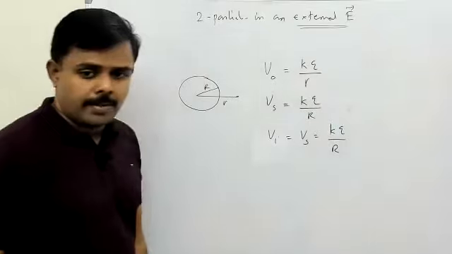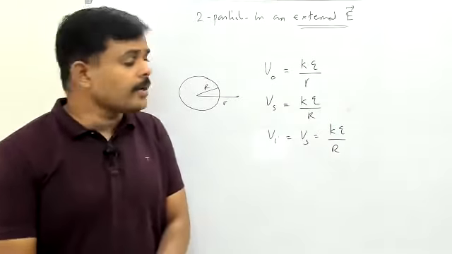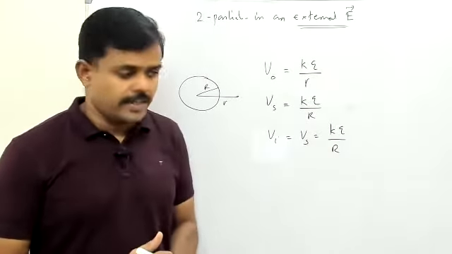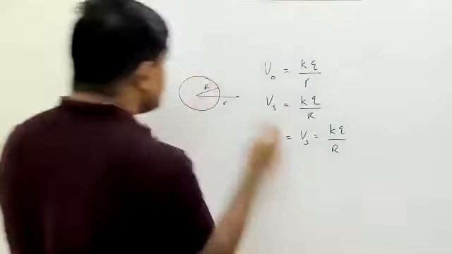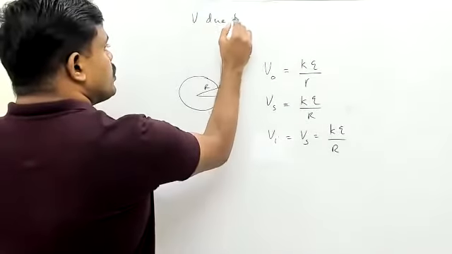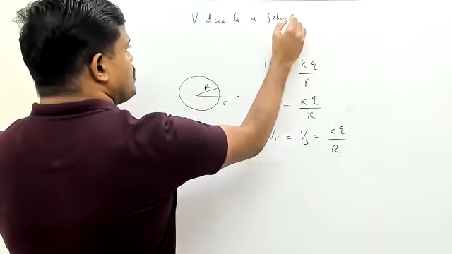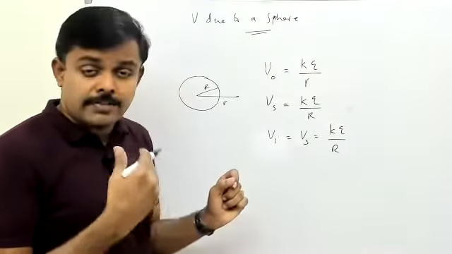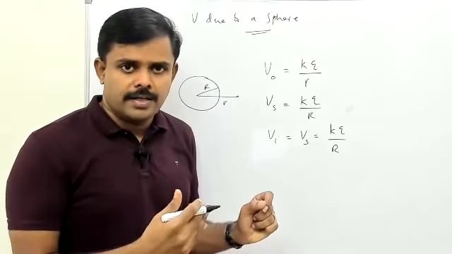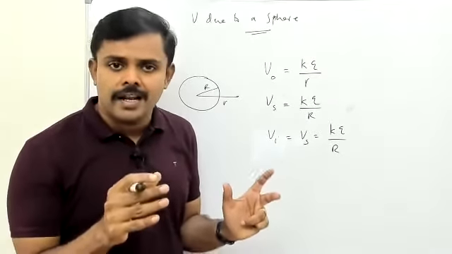So I'm repeating one more time. What are we looking at now? Potential due to a sphere. When I say sphere, it means spherical shell, conducting sphere or conducting spherical shell or solid sphere. I told you the difference between shell and solid sphere.